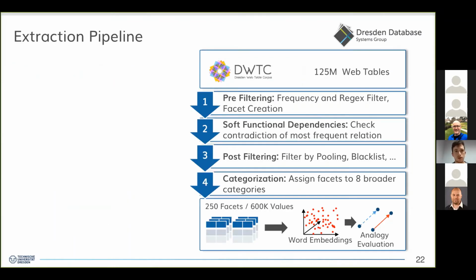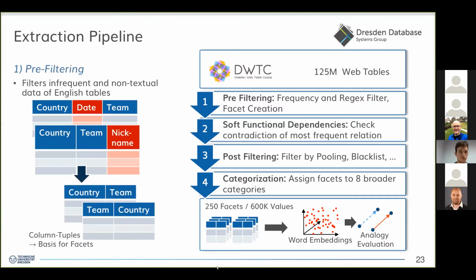So now we come to the extraction pipeline. The extraction pipeline takes tables from the DWTC web table corpus, which is a corpus of about 125 million web tables, and it extracts from it in roughly 4 steps our FacetE dataset. In the first step, pre-filtering is done.